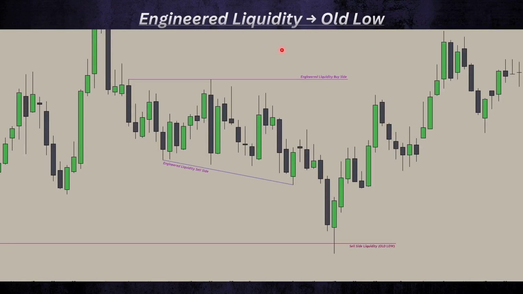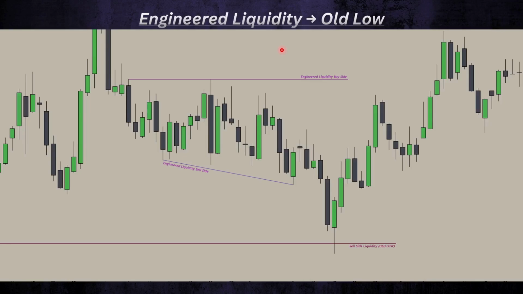Now guys, just remember, this is a very simple example. Engineered liquidity can become much more complex than this. Different ways it can form, different structures, and different ways the algorithm traps traders before the real expansion. I'm keeping it clean here, so you're not taking in more than you need right now.